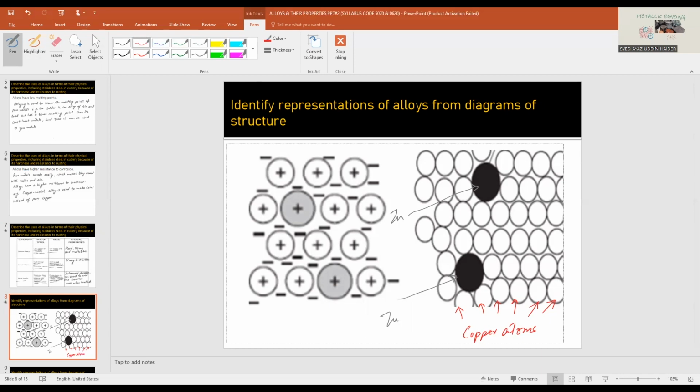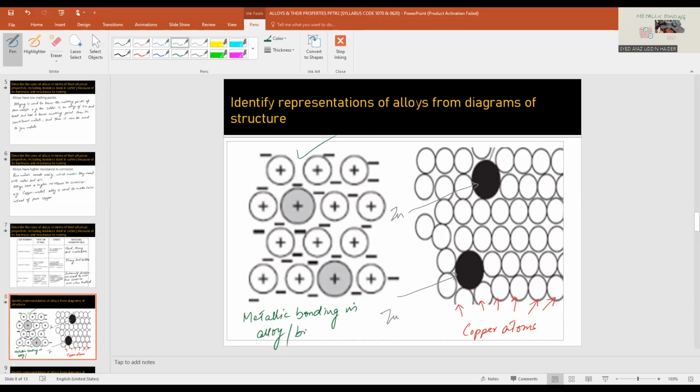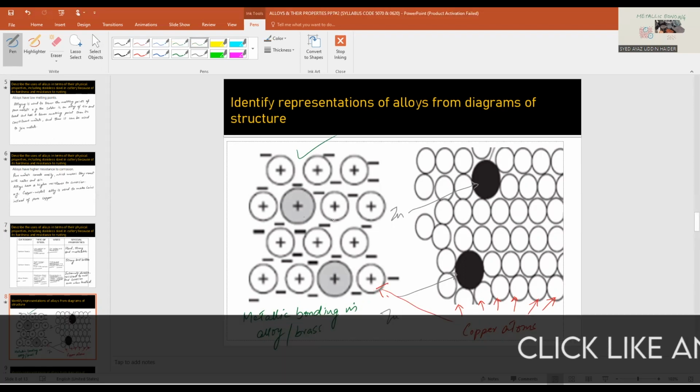You can even show metallic bonding in brass like this. This is metallic bonding in alloy or brass. These are zinc and copper atoms along with mobile or delocalized electrons. Again, these are copper atoms and these are zinc atoms.